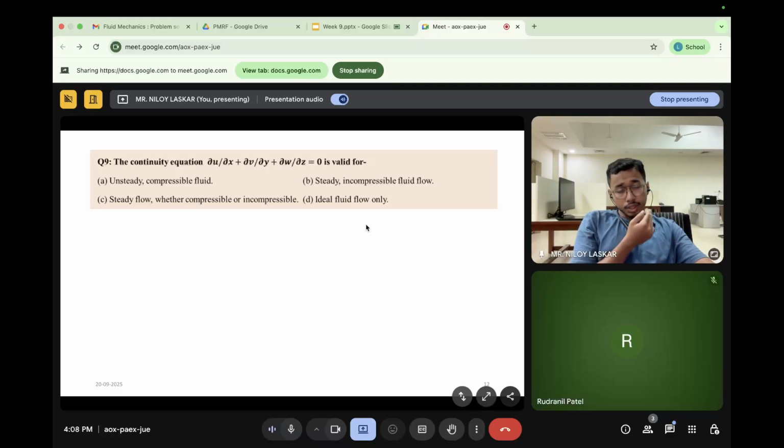So, as it is clear to you, please try to answer this question. This question is basically on the continuity equation and where and how this equation is valid. This is definitely an equation that needs to be valid for a certain scenario.